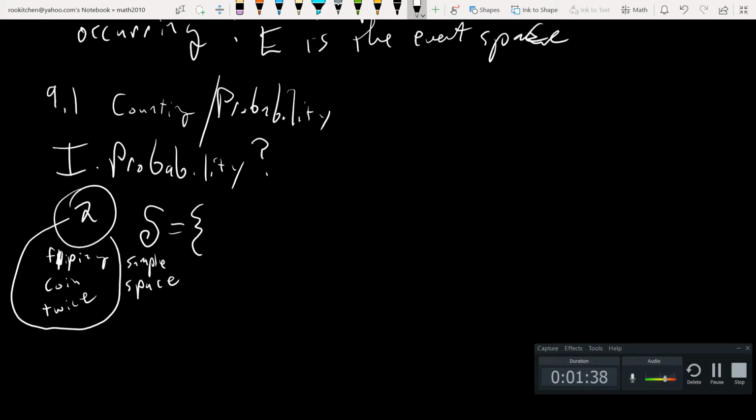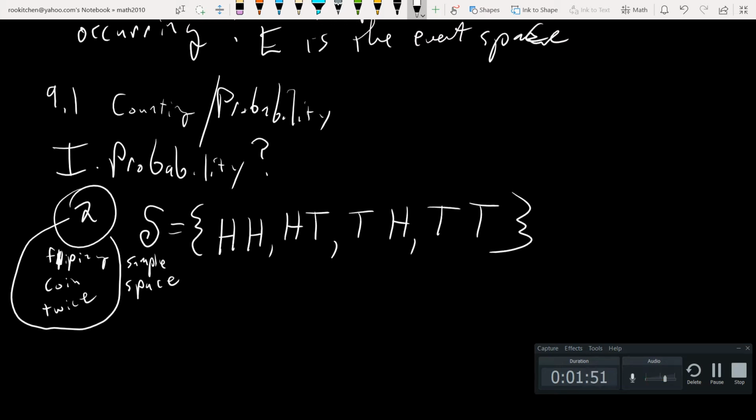So all the possible ways this could happen: you could get heads, heads, you could get heads, then tails, you can get tails, then heads, and then you get tails, tails. Let's say I want to know the probability of getting at least one head. So we can write the probability that we get at least one head.